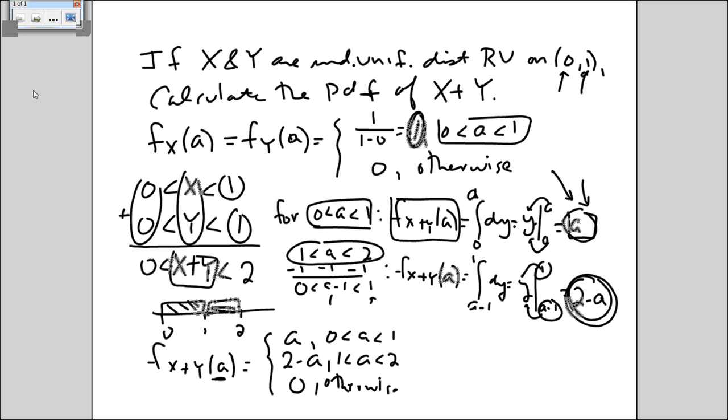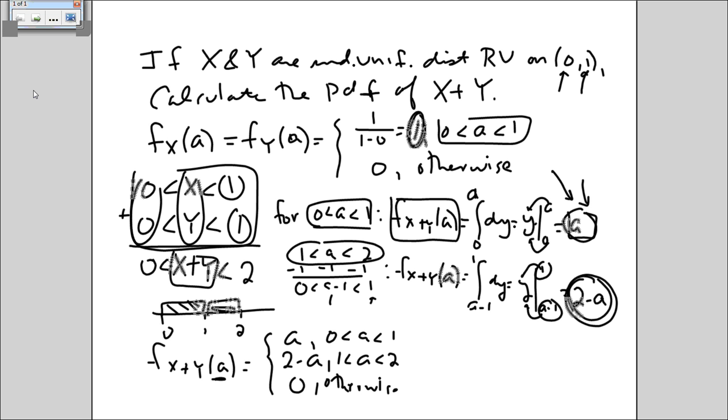I mean, think about it. If x and y are both between 0 and 1, so we talked about from 0 to 1, we talked about from 1 to 2. Can x plus y be less than 0? No. If you're thinking of a number between 0 and 1 to be called an x value, and you pick a y value between 0 and 1, if you add them up, you'll never get less than 0.